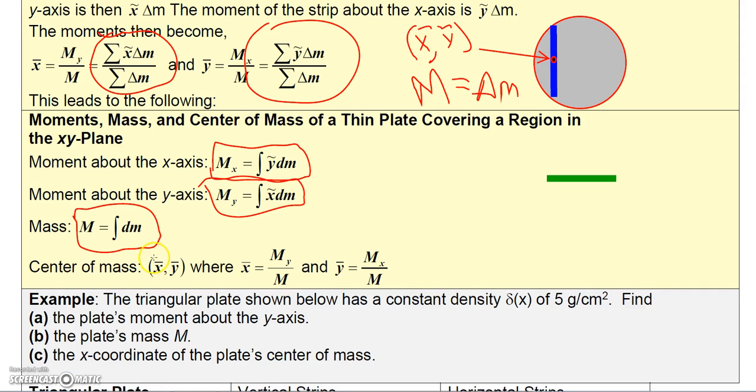Then to get your x bar, that would be the moment about y over m, and to get your y bar, that would be the moment about x over m. So you take the moment about y divided by the mass, and the moment about the x-axis divided by the mass, and that gives you the center of mass for a plane region. Okay, so let's take a look at an example.